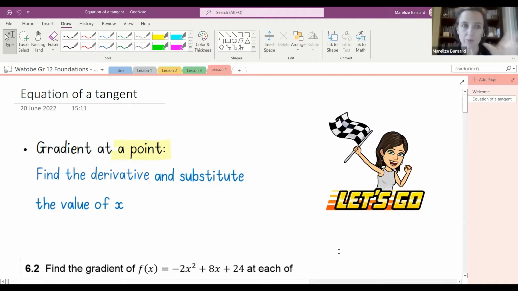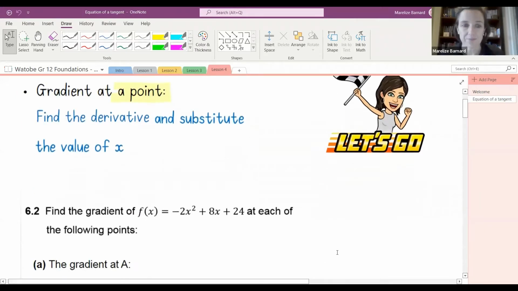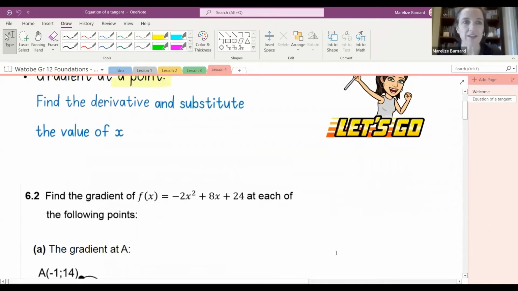Okay, so if we want to calculate the gradient at a point, we find the derivative. So we take our function, we differentiate it, and we substitute the value of x, like so. Okay, so here is an example. Find the gradient of f of x equals minus 2x squared plus 8x plus 24 at each of the following points.